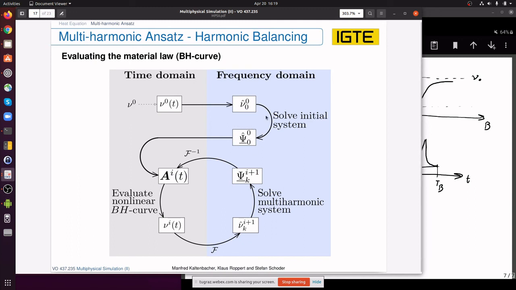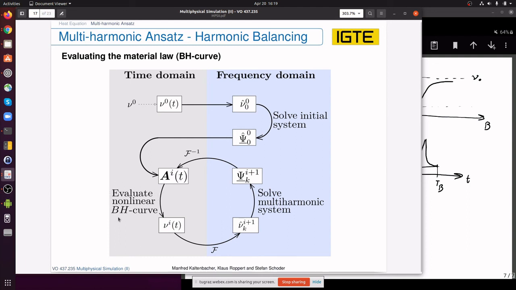So that's a classical harmonic solution. We replace the time derivative with j omega, and that's it. You're solving for one frequency. The solution should be the A harmonic in frequency domain. We're transforming this into time domain to get the A of t, respectively the B of t.